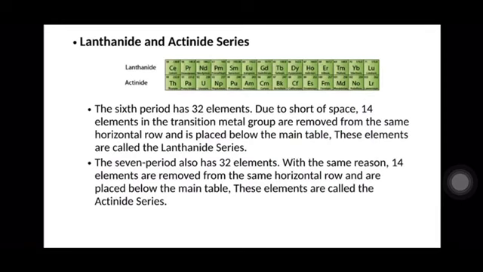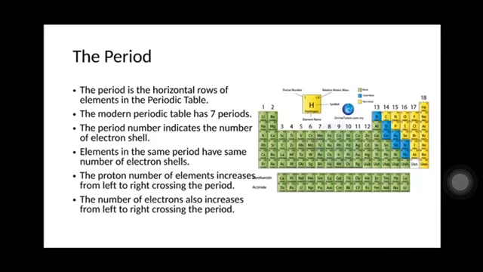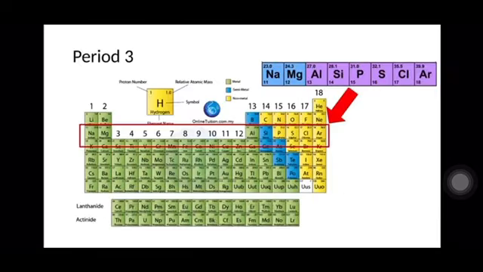So where is period 3? If you count from here, where is period 3? I know you already know the answer, right? So this is period 3, the red highlighted. What does this mean? All the elements here have the same number of shells.